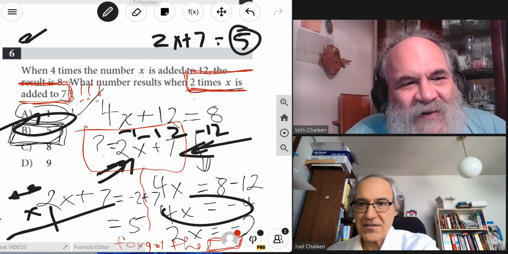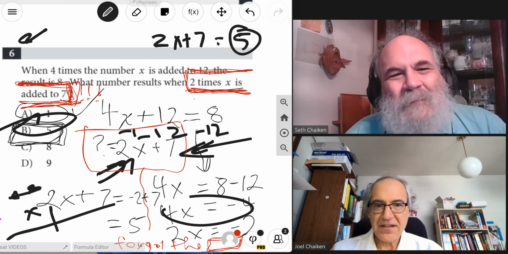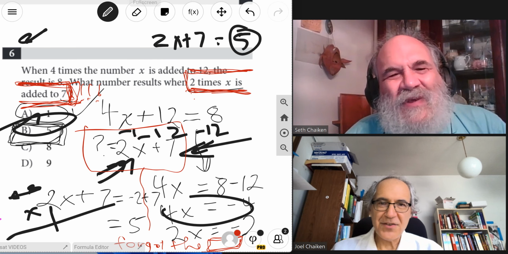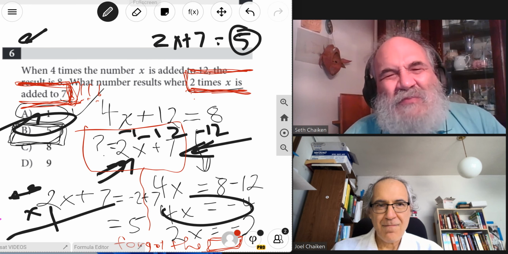I wonder, is it legal in the SAT to bring in a highlighter? You could just use a pencil. You're allowed to mark. But then if you use a pencil, it covers up the print.